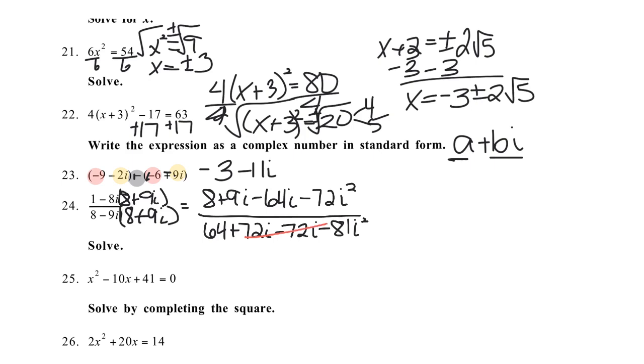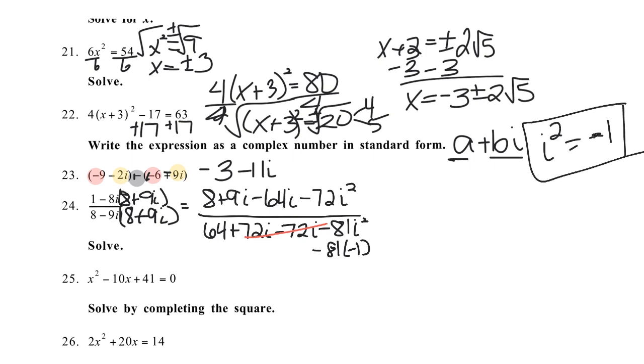That's the whole reason we multiply by the complex conjugate, so it will cancel out. And that becomes negative 81 times negative 1. I squared equals negative 1. That's a big one to remember, because we never leave our answer with an i squared in it. So that becomes 64 plus 81, which is 145. So our denominator is 145.